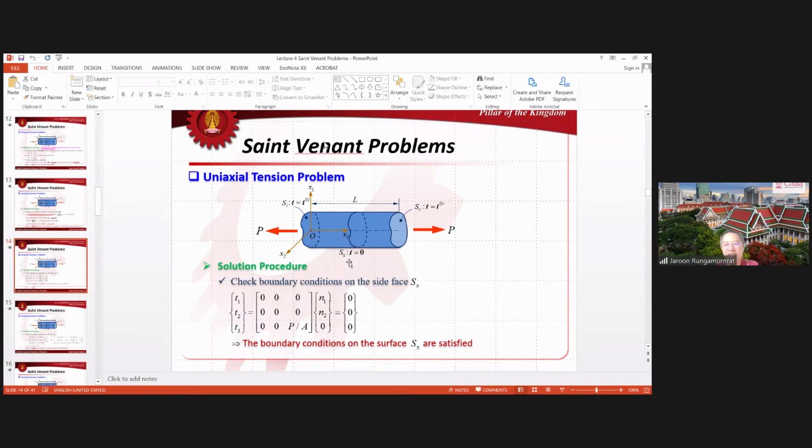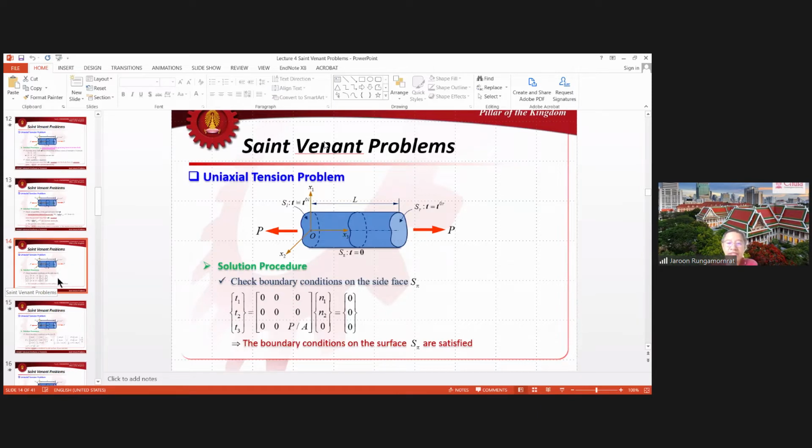So what I can say here is that the guessed stress field generates 0 traction on the boundary S pi, right? That's exactly the same as what we know on that boundary, because on the surface S pi we have the traction-free condition, or we know the traction equals 0. So this implies that the guessed stress field satisfies the boundary conditions on the surface S pi automatically. Okay. Last time I stopped here.